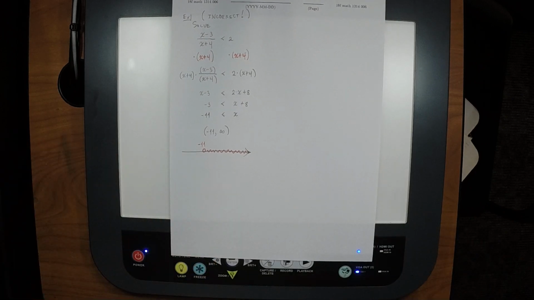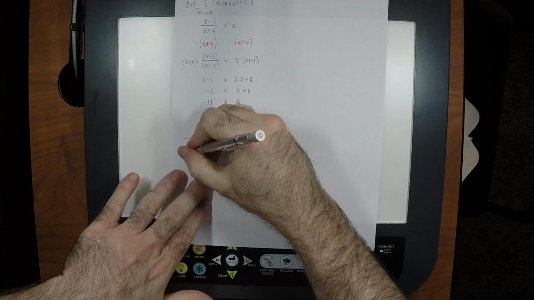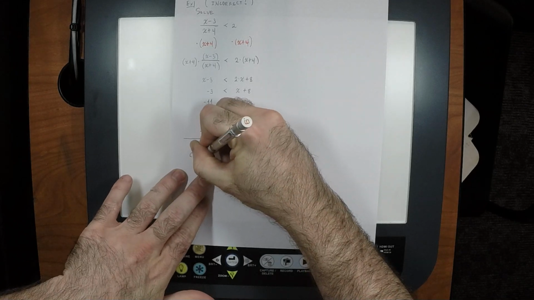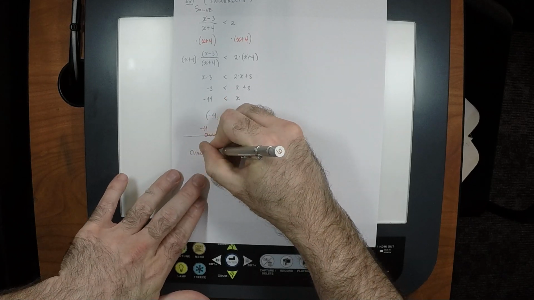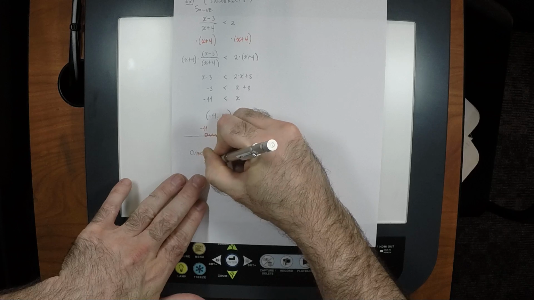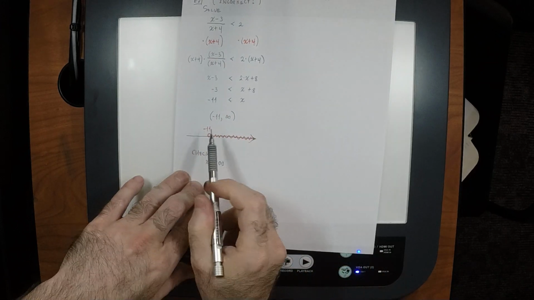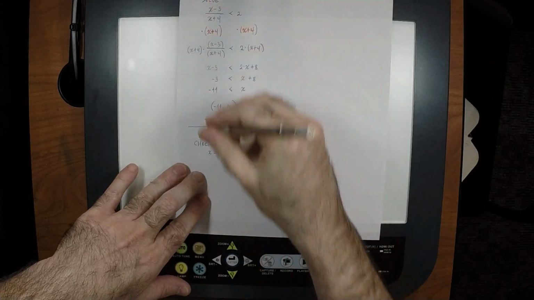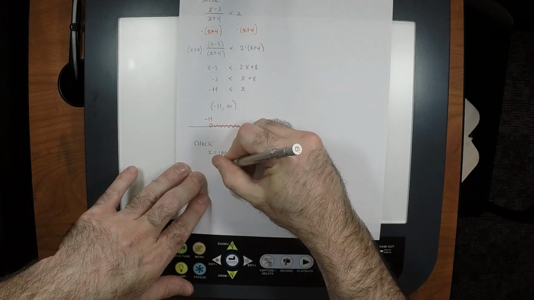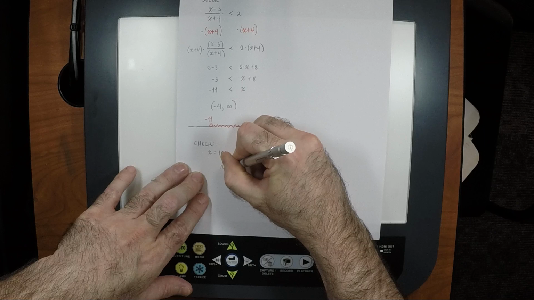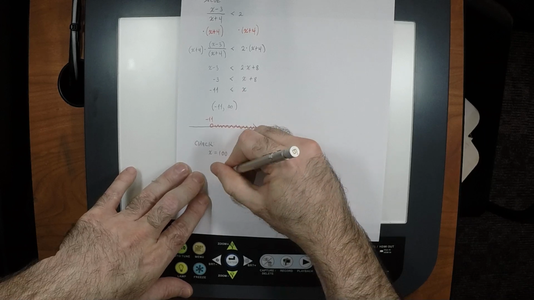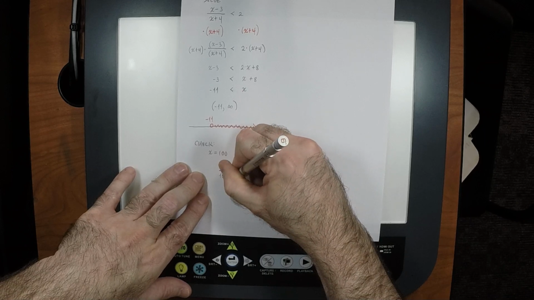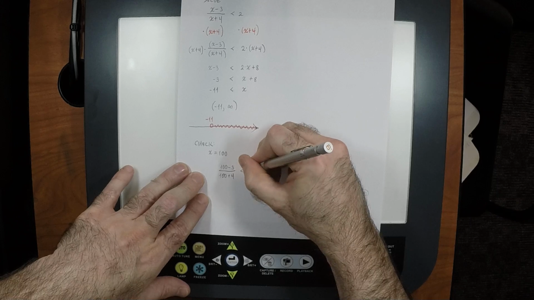Further, let's do some checking. Let's check maybe at x is 100. Because is 100 in there? Yeah, it's in there. So if I plug in 100, then the inequality would read 100 minus 3 divided by 100 plus 4 less than 2.